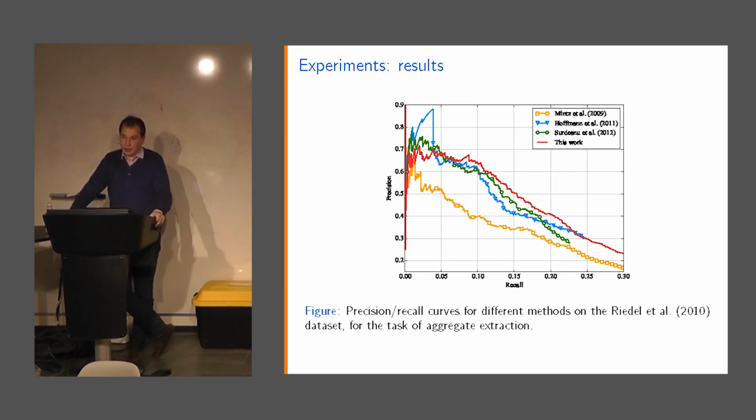The problem is I don't think there's a good way to evaluate when you want to train such a method on a large number of relations.